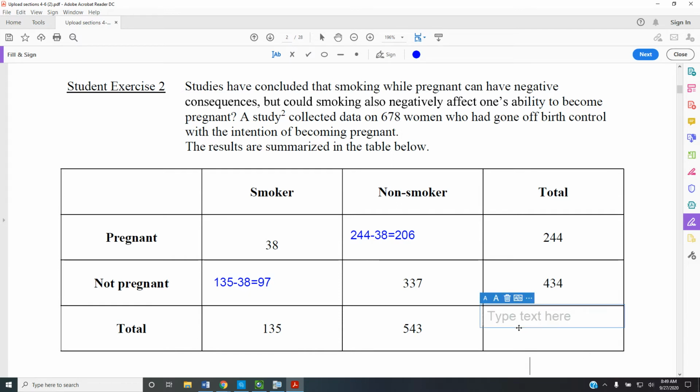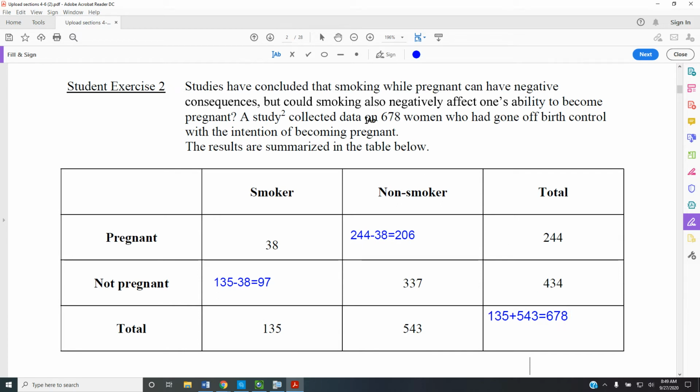This row total over here is either 244 plus 434, or it's 135 plus 543. Both of them have to give the same exact answer. It's a great idea to check that to make sure you're getting 678.